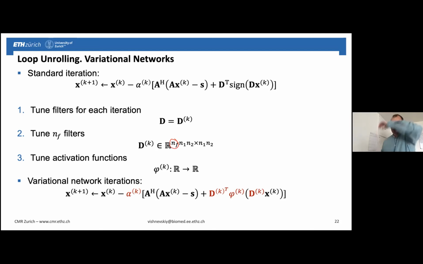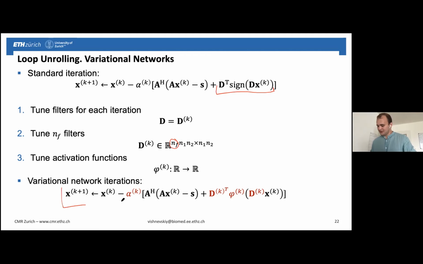And also we unrolled this gradient of the regularization term, assuming that we penalized the L1 norm of the regularization. Why L1 norm? Maybe there is something more optimal. So let's call this activation function phi and learn it as well.